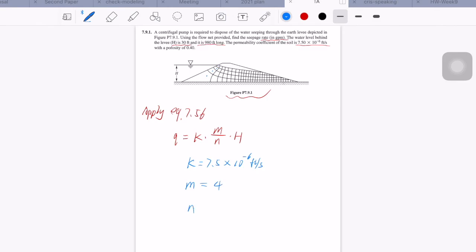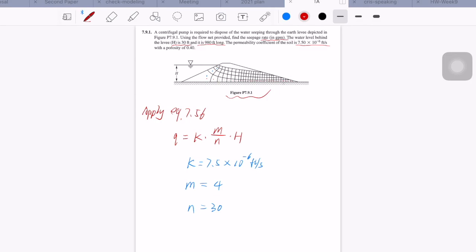And the N is the number of equipotential drops. From this figure, we can determine that the N is 30, since we count 1, 2, 3, up to 30.